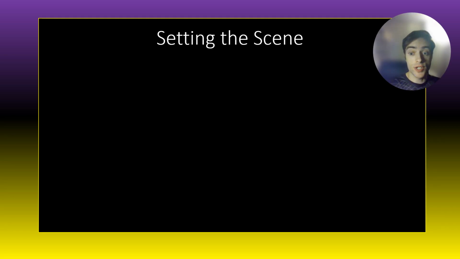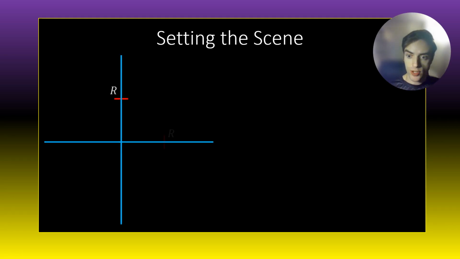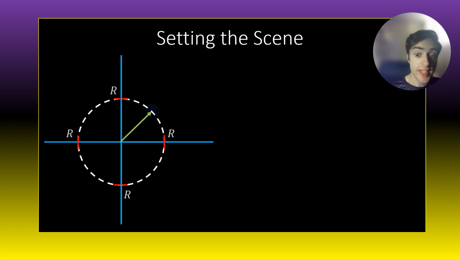To begin, let us construct a circular path of radius r, in the xy plane, of course, and we'll have a position vector, r of t, as displayed there in green, and then we'll also have a mass that the position vector points toward in blue, and we'll illustrate this mass as a sphere.